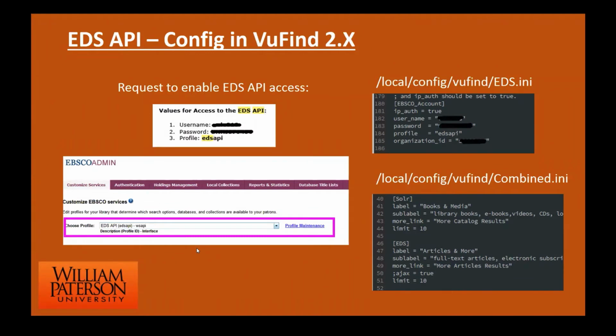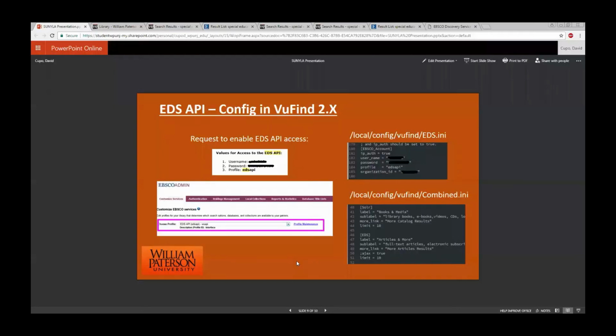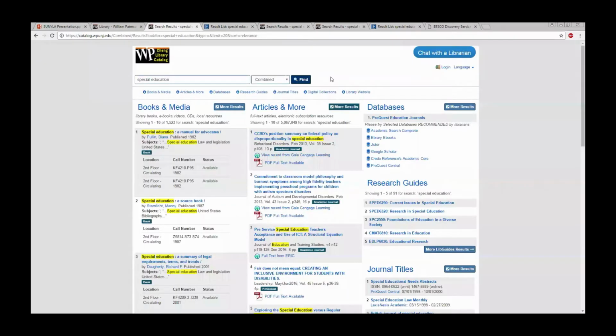Hey everyone, I want to talk a little bit about the EDS API, and I know SUNY system, you guys use EDS as well. To make it work on VuFind combined search, you need to, for instance, get the EDS search result showing in a separate column in this Bento Box design.